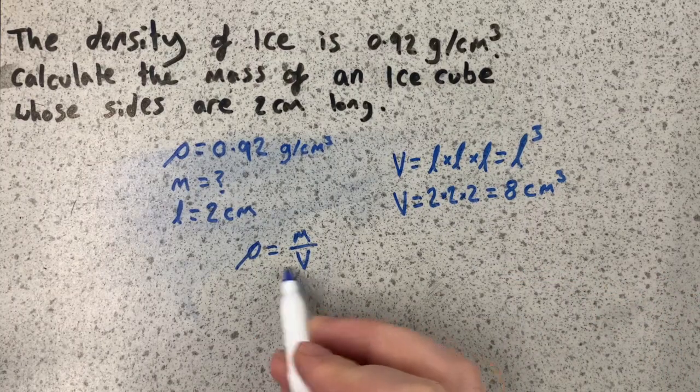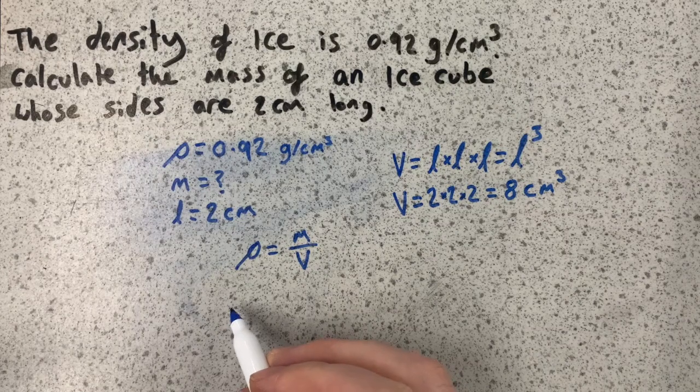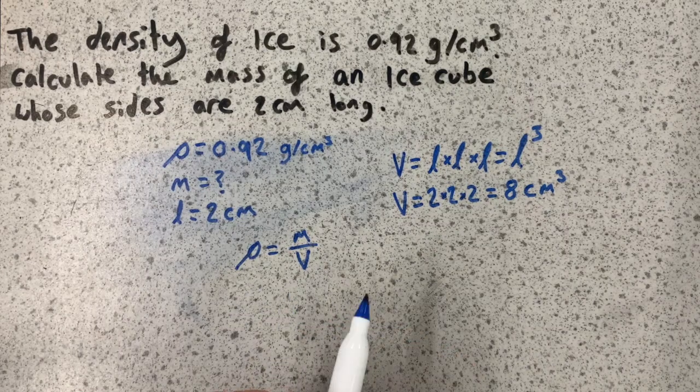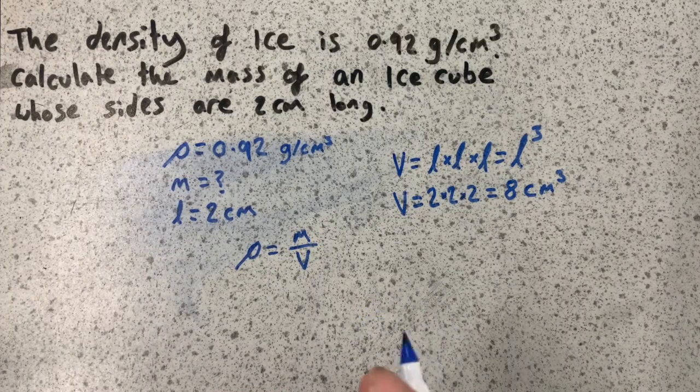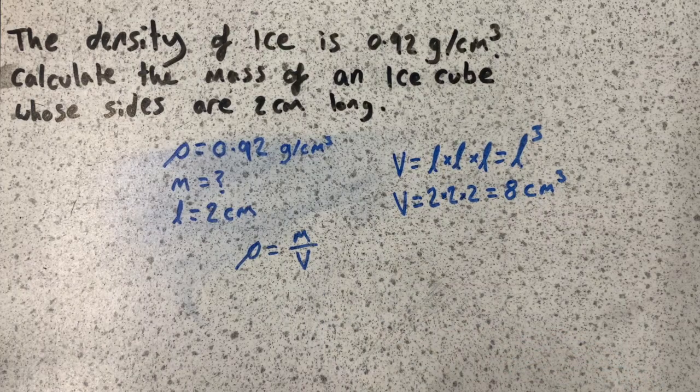So I know this, I'm trying to find this. So I need to change the subject of my equation, make m the subject. If you're definitely doing the higher tier paper, especially if you want to go on and do A-level physics, or A-level maths, then I want you to rearrange this equation using algebra and not formula triangles. If you really struggle with that and you're not thinking about doing A-level physics, then you can use the formula triangles if you find it easier.